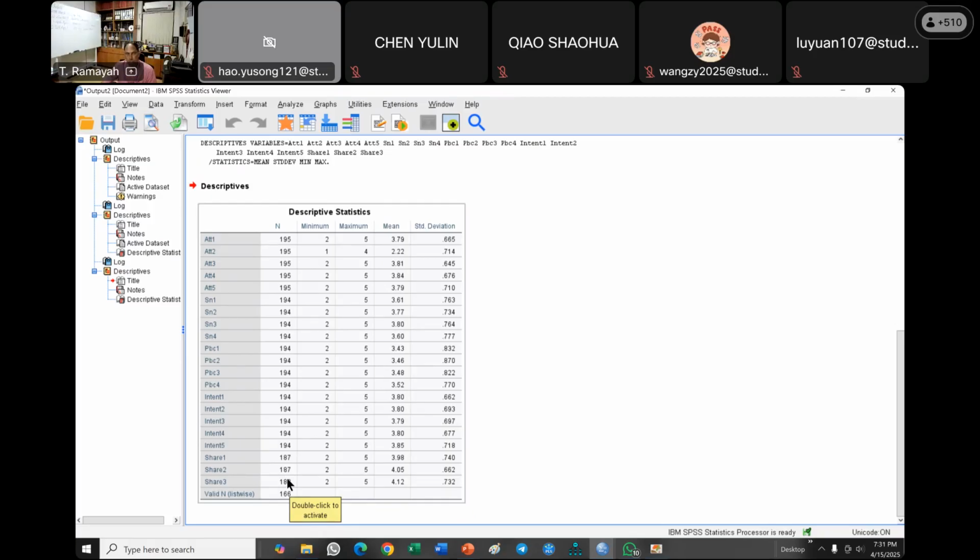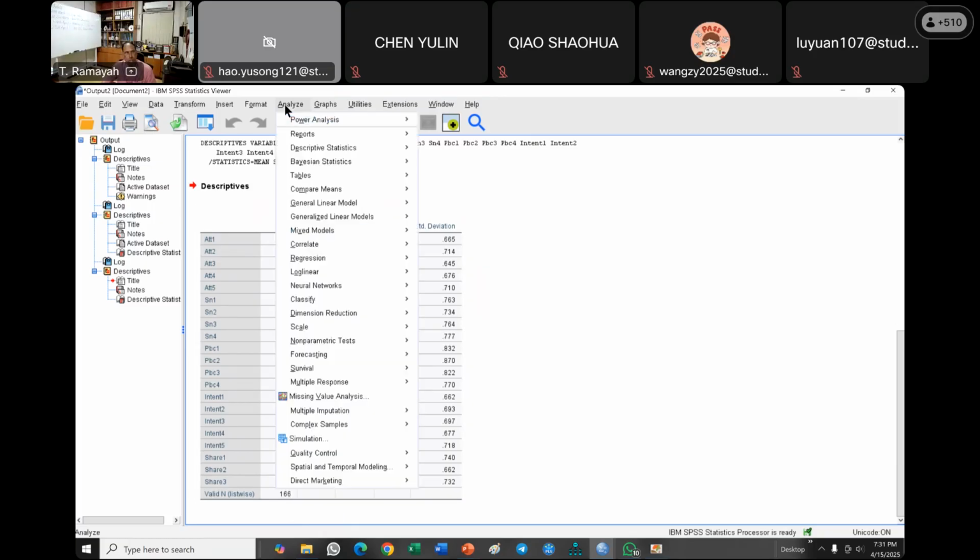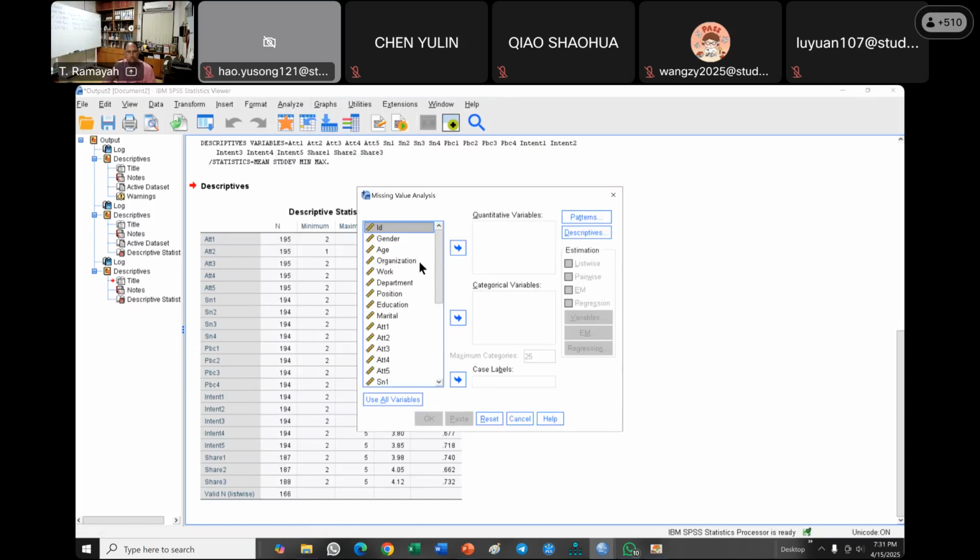So what we need to do is run the missing value replacement. You go to analyze, missing value analysis. Pick the three items that we want to analyze and move them to this side.